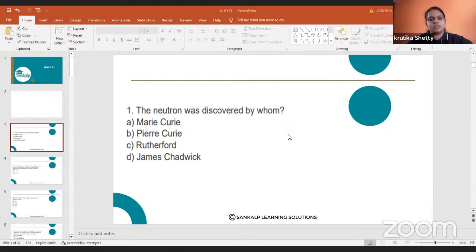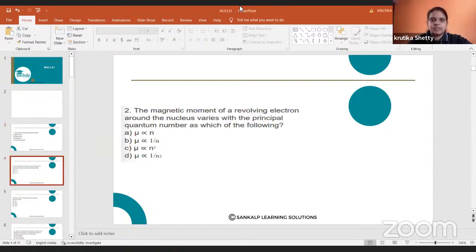Okay, then the next question. The magnetic moment of a revolving electron around the nucleus varies with the principal quantum number as which of the following? I'll repeat. The magnetic moment of a revolving electron varies with the principal quantum number.